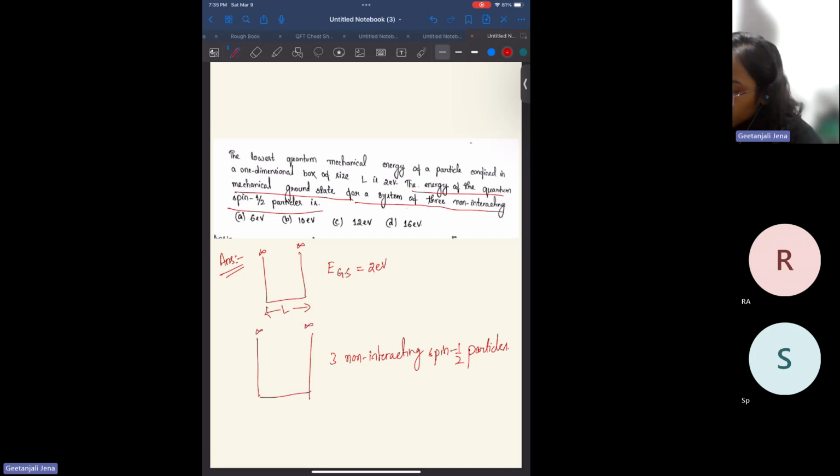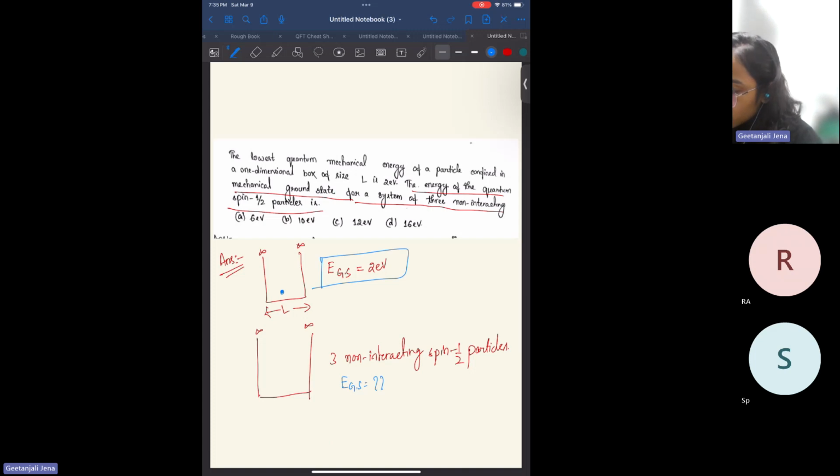Now it is asking what will be the ground state energy of this system. You are given a system where one particle is present in a one-dimensional box and the ground state energy is 2 electron volt.